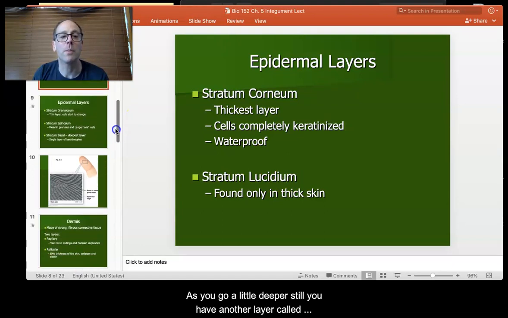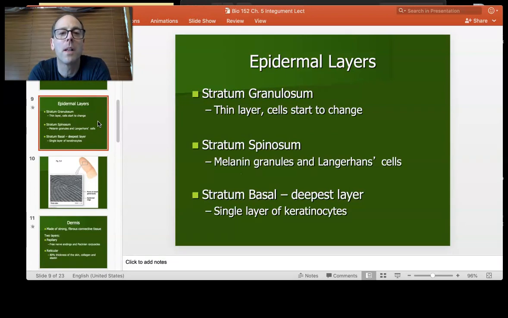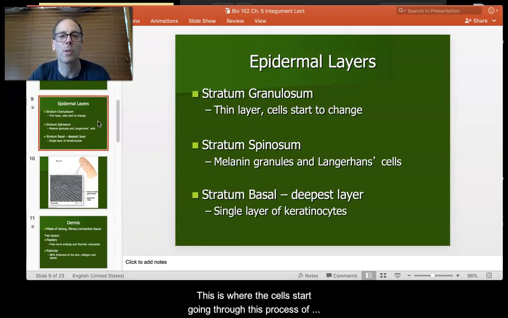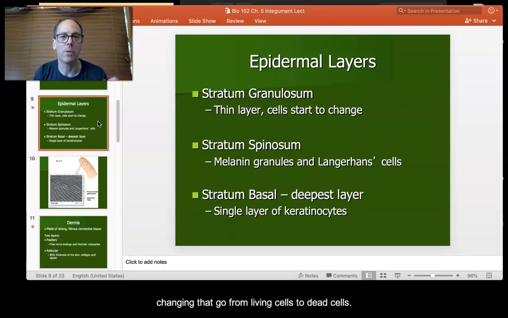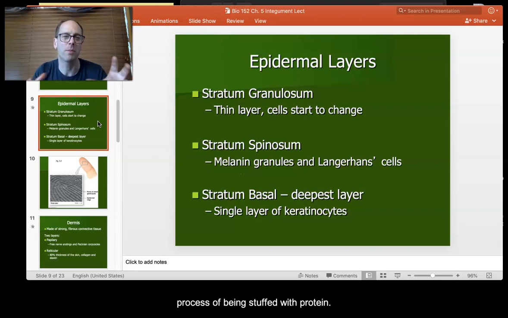As you go a little deeper still, you have another layer called the stratum granulosum. And this is where the cells start going through this process of changing. They go from living cells to dead cells. So they enter in this layer, living cells, and they slowly start to go through this process of being stuffed with proteins.